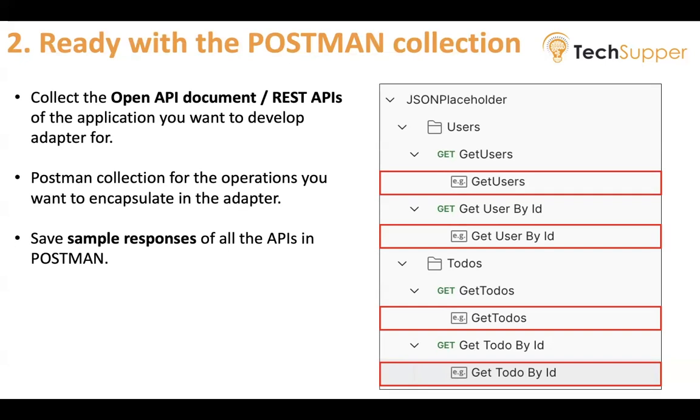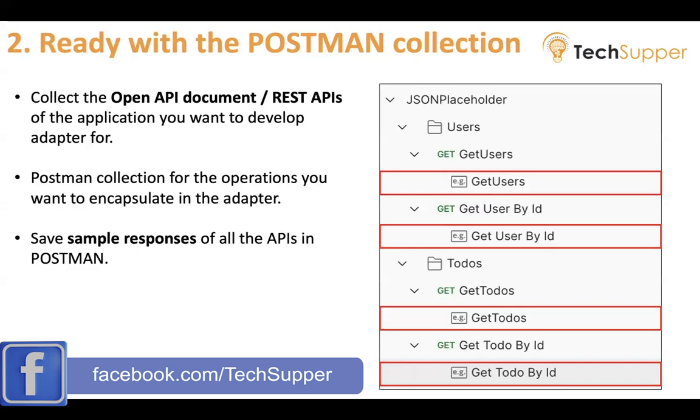To get those required fields, to create or get the data, you have to save the example responses so that your mapper can be populated. So these examples are required to generate the required schema for each operation that you want to encapsulate.